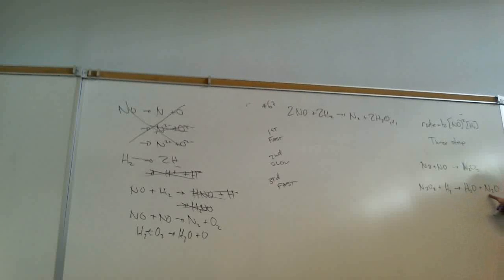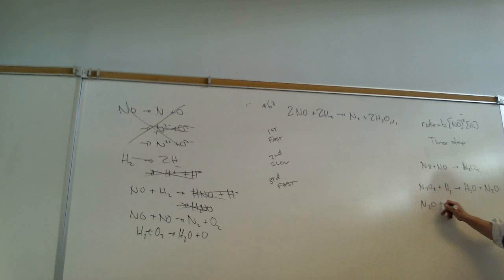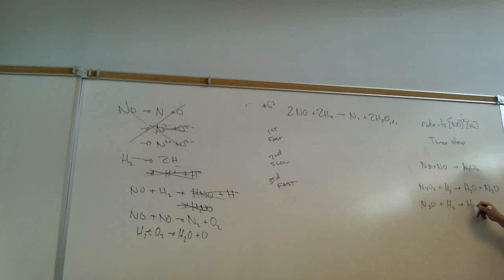N2O is known as dinitrogen monoxide, or this one's called nitrous oxide. And then maybe this nitrous oxide plus another H2 could produce another water plus N2. Yeah, that might work. Nitrous oxide, this one is a favorite in Chem 1A.